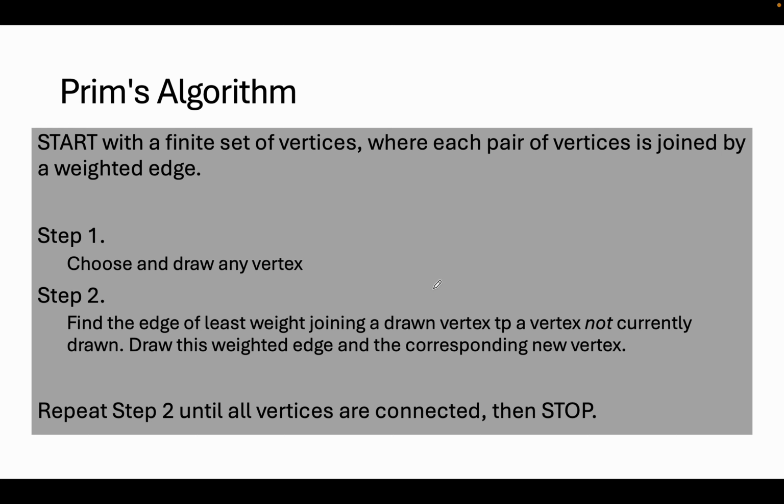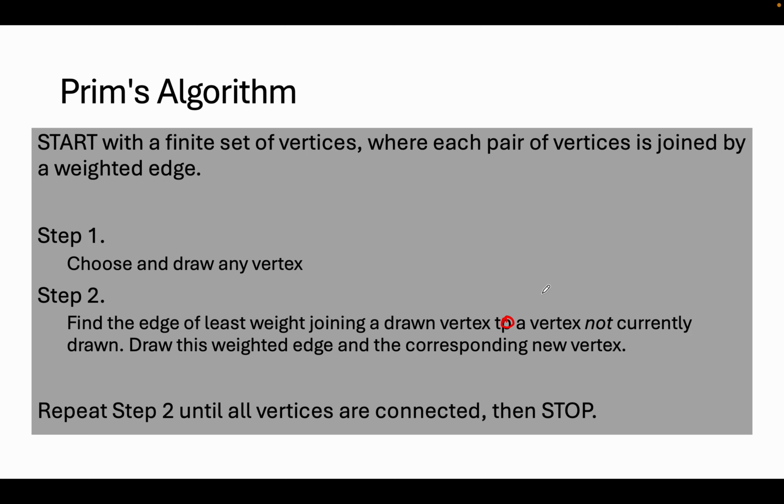But what we do next is we find the edge of least weight, joining a drawn vertex, that's a typo, should be to a vertex not currently drawn. Draw this weighted edge in the corresponding new vertex.